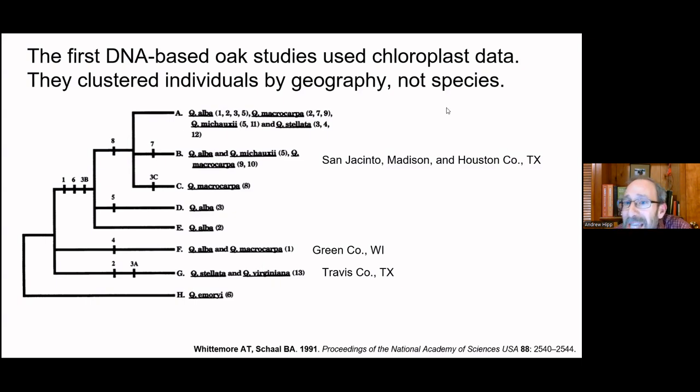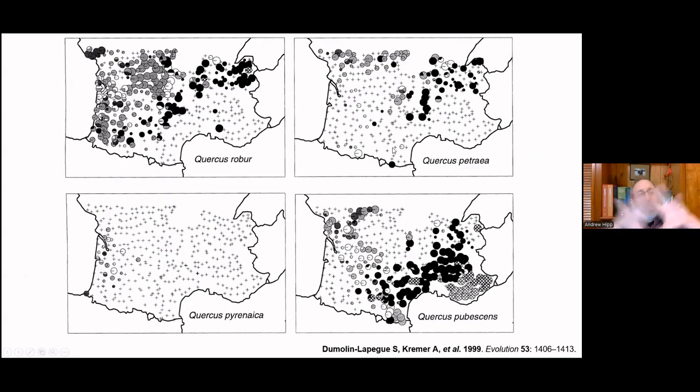This was found even more dramatically by European workers when they were looking at the European white oaks. Here we're looking at just a snapshot of a portion of France where they had done a lot of genotyping of four species: pedunculate oak, sessile oak, Quercus pubescens, and Quercus pyrenaica.